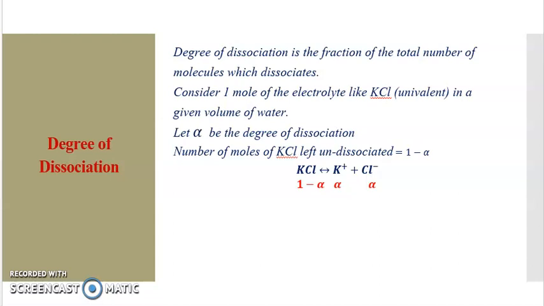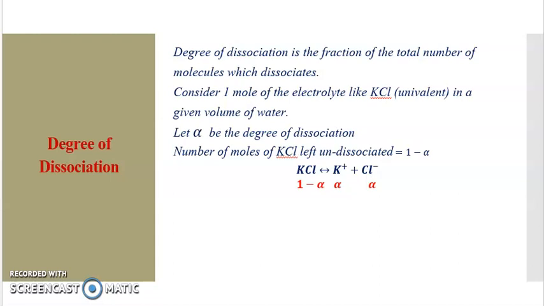So the number of moles of KCl left undissociated will be 1 minus alpha: 1 is the initial amount, alpha is the degree of dissociation. Then the number of moles of K+ and Cl- will be alpha and alpha.